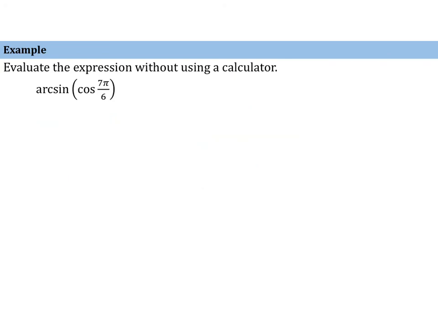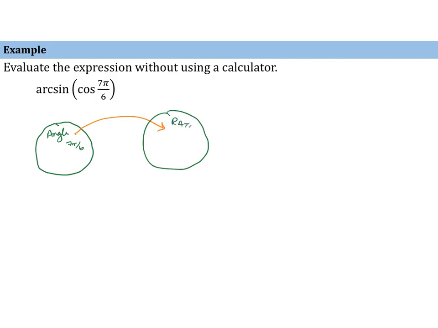Now let's look at arc sine of cosine. So notice here that the inverse trigonometric function does not correspond to the trigonometric function that we are using. So let's draw our diagram. Here we have our angle of 7 pi over 6, and that's getting mapped to some ratio and then we're going back.